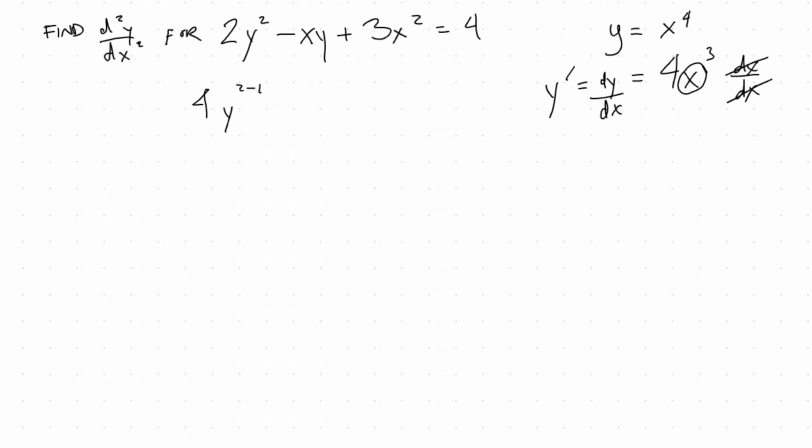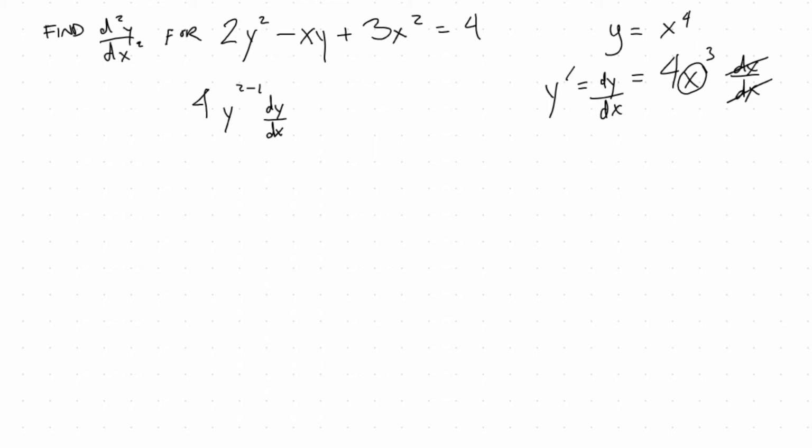Okay, so let's go back to this. Where that gets us is that the derivative of y is going to be dy, and this is with respect to x, so it's dx. That's what's in the denominator: whatever variable we're taking the derivative with respect to. And we're going to have to use the product rule for that middle term, and I'm going to do that off to the side here again.